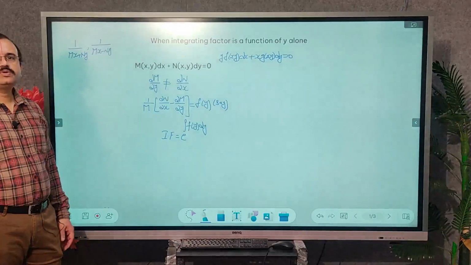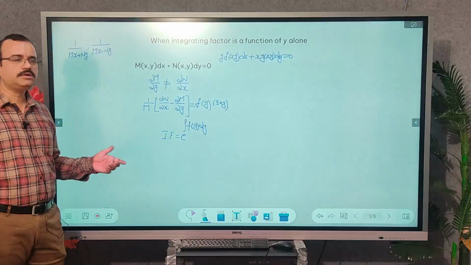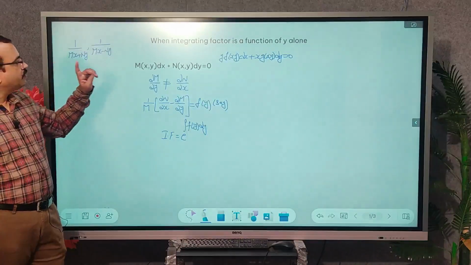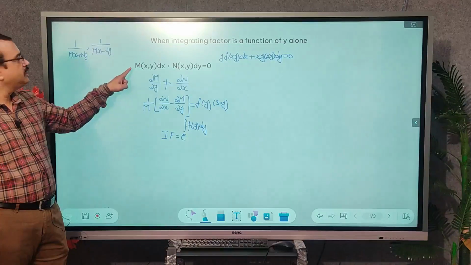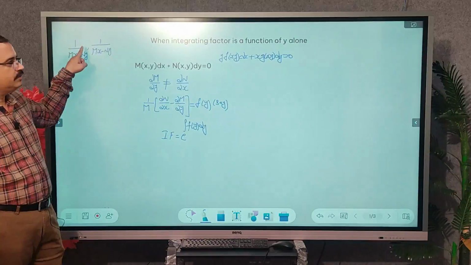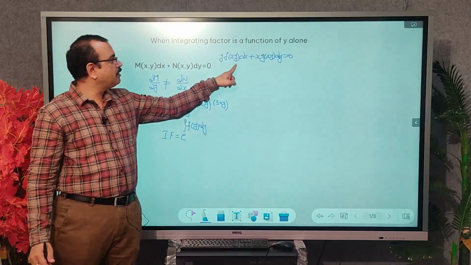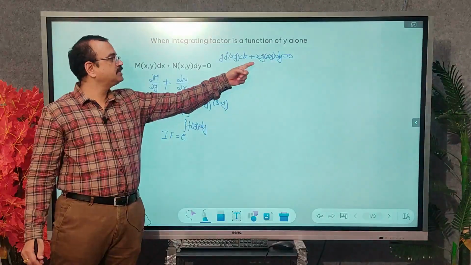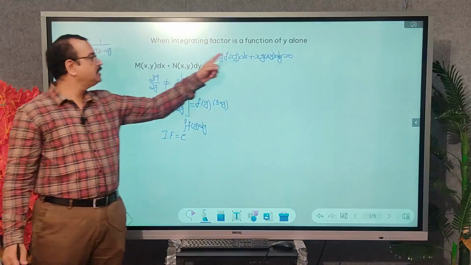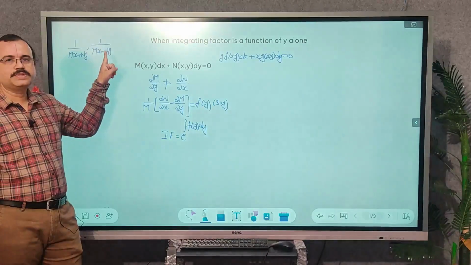So in case 1, for a non-exact differential equation, if the DE is homogeneous, then the integrating factor is 1 by mx plus ny. If the DE is in this form y into f of xy dx plus x into g of xy dy, then the integrating factor is 1 by mx minus ny.